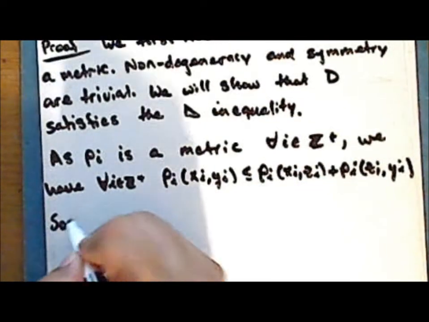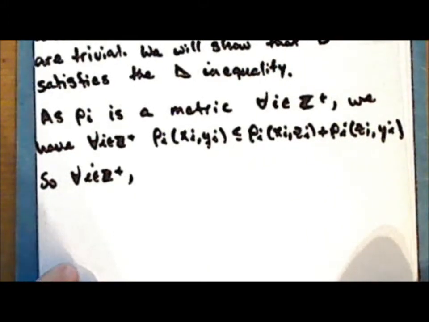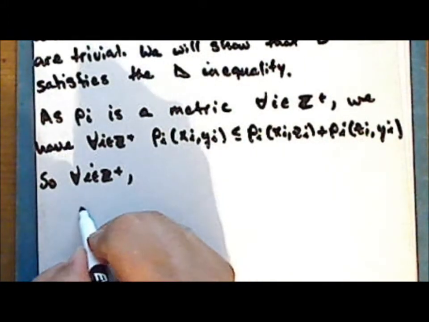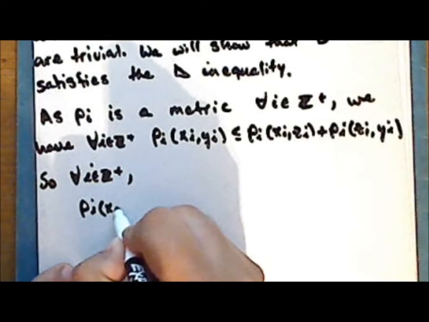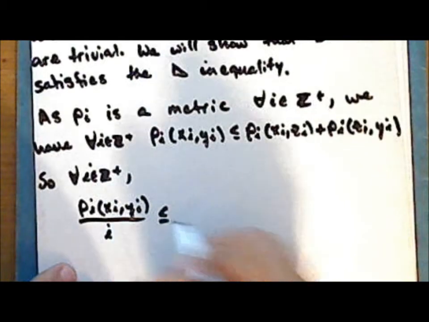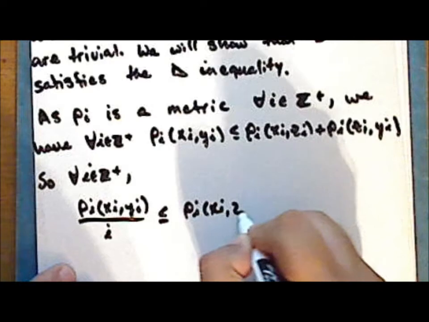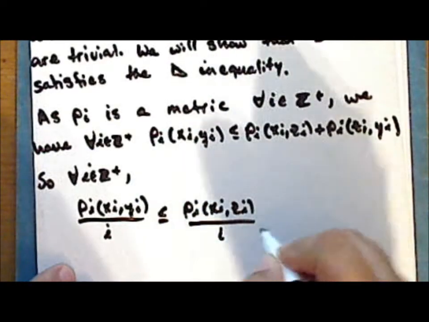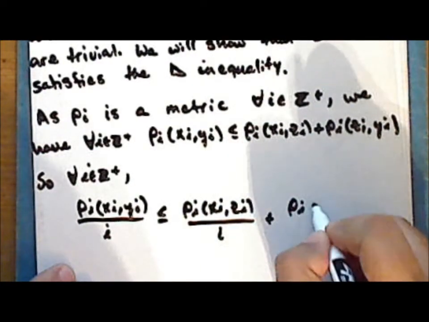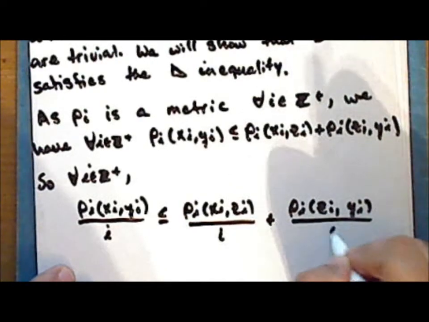So, for every index i, if we divide each term by the integer i, rho_i from x_i to y_i divided by i is less than or equal to rho_i from x_i to z_i divided by i plus rho_i from z_i to y_i divided by i.